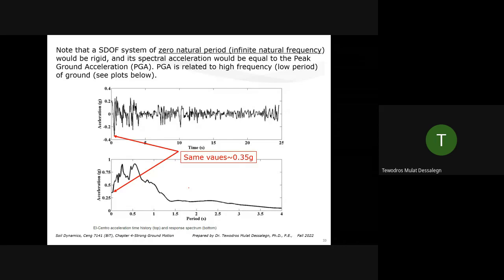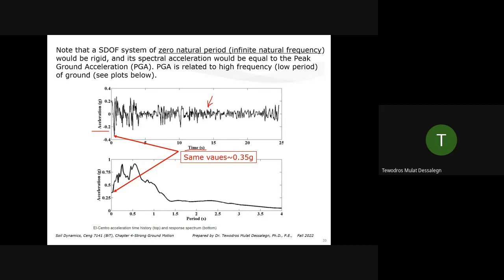Let's see now the parameters, how we relate a time history and a response spectrum plot. Let's say acceleration time history. This is acceleration versus time, and this is what we get from recording stations. In this case, this is raw.